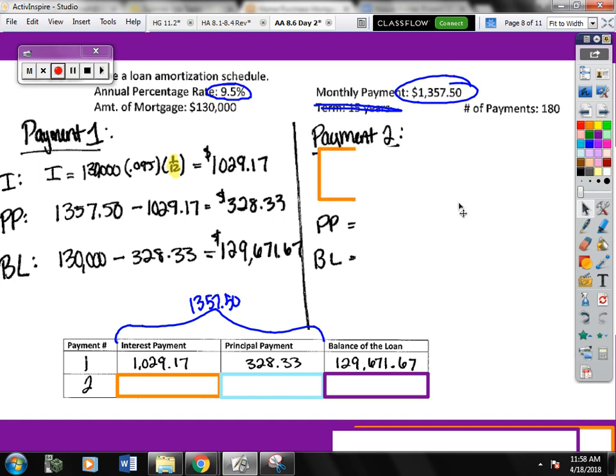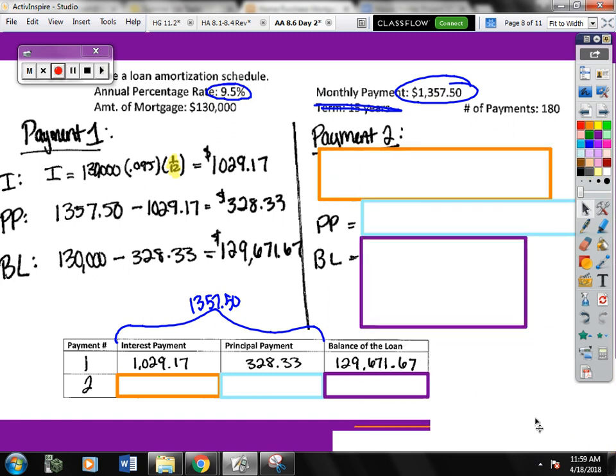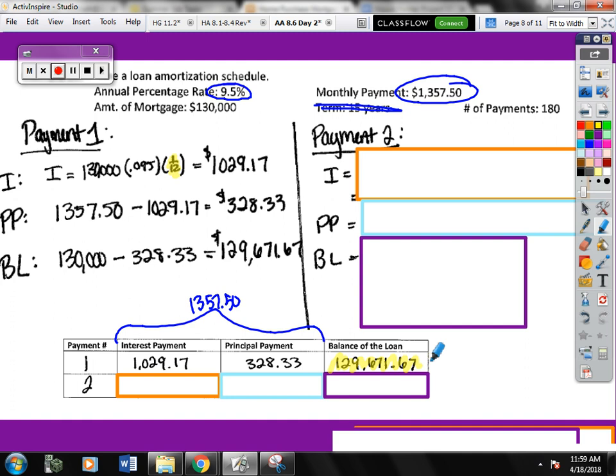Okay, do the same thing for payment 2. Except that, remember, this is now your P. This is your P for row 2. So we're going to take this times our rate times our time.